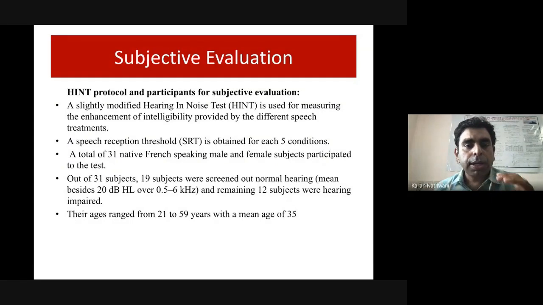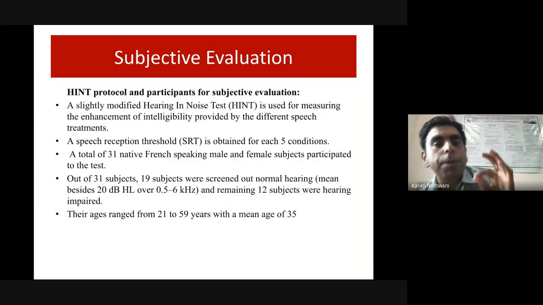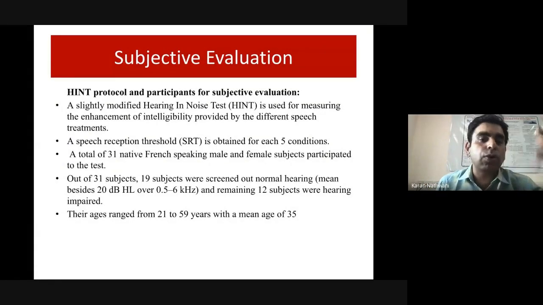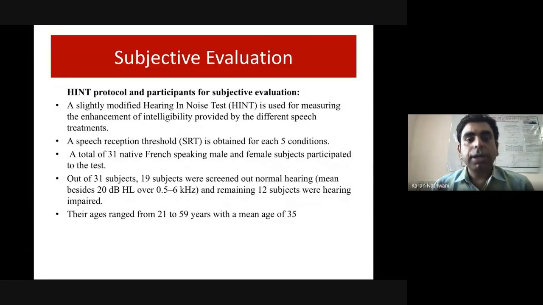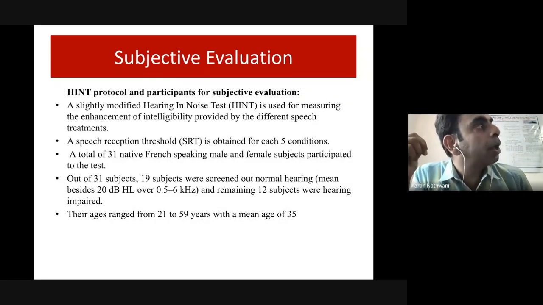When at this moment you are not able to hear anything, you will say, okay, I could not hear anything. Then the experimenter, those who are taking the data, will make it minus 28. Even if that is difficult, we will make it minus 26.